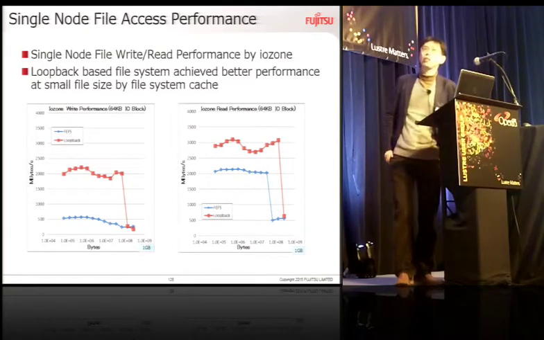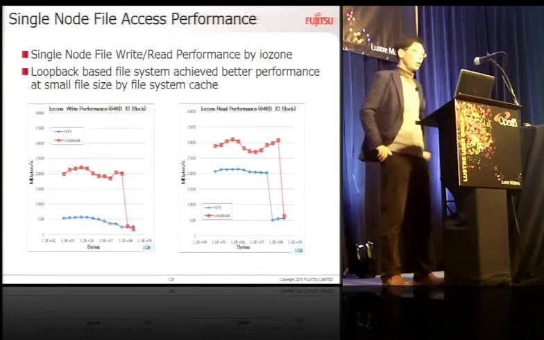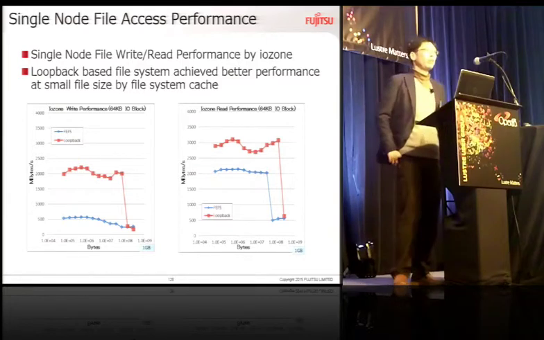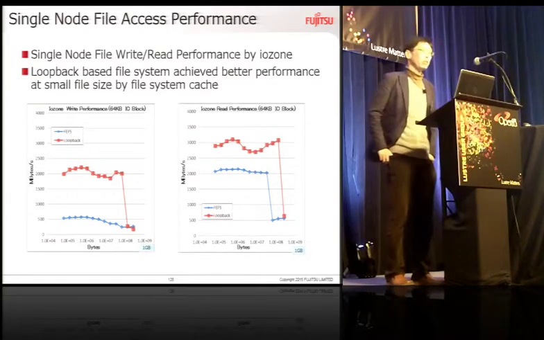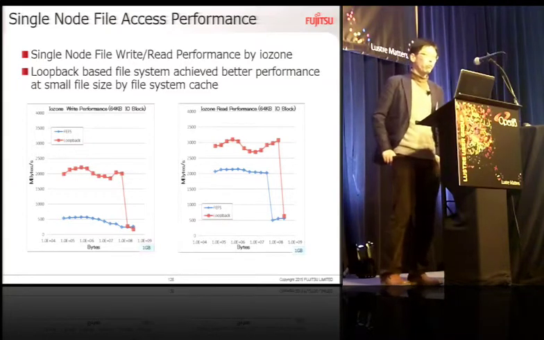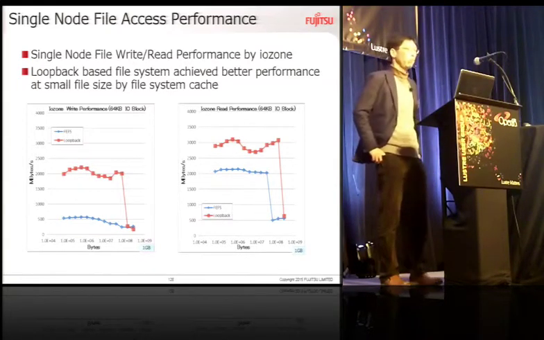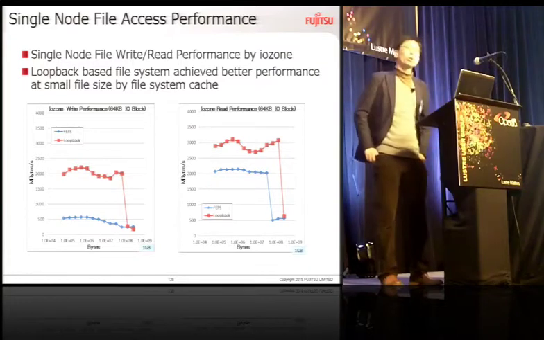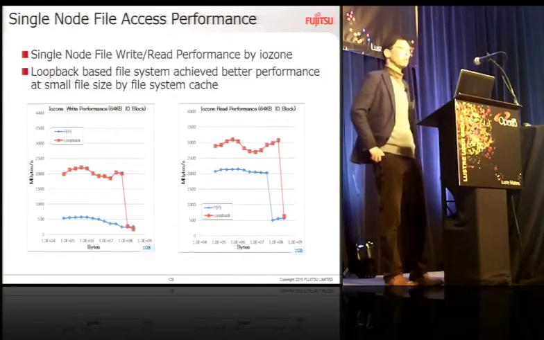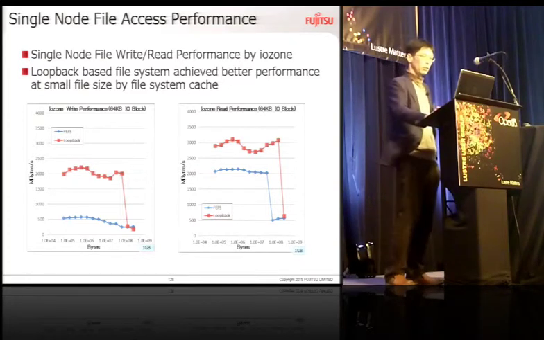The blue line is FEFS, the Lustre-based file system. Its write performance is around 500 megabytes per second. However, the loopback file system is a real ext2 file system on memory, so 2 gigabytes per second, up to 128 megabyte files. And read is also 3 gigabytes per second, and Lustre also 2 gigabytes per second because of the client cache.